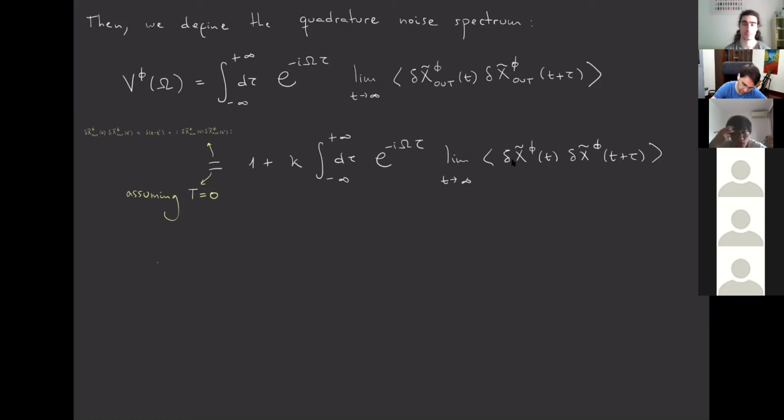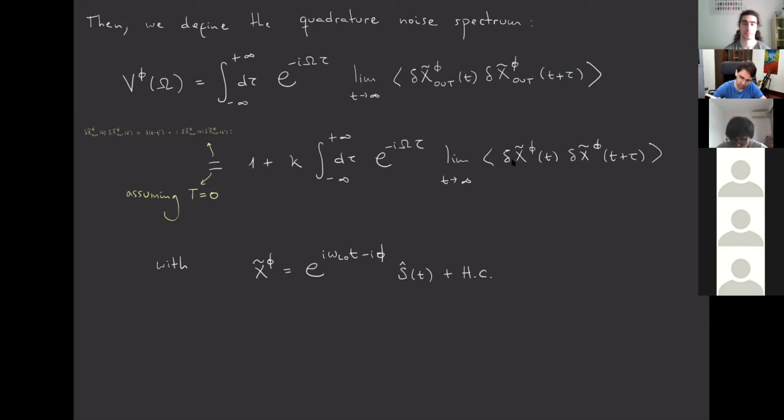And in particular, these system observables, or this system quadrature, x phi, is nothing but exactly the same slowly varying envelope as we had, but now we have here the system operator instead of the output operator.